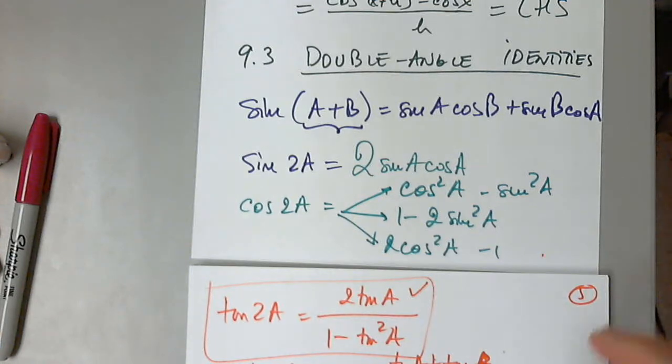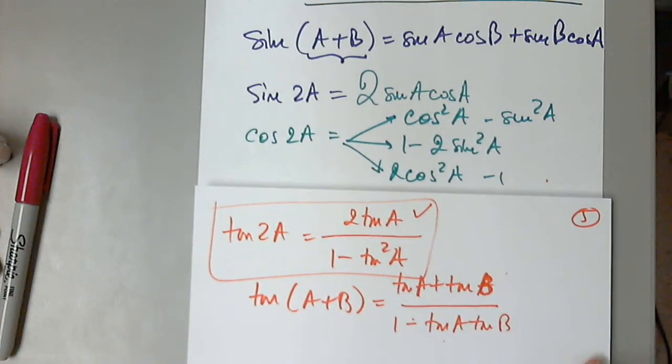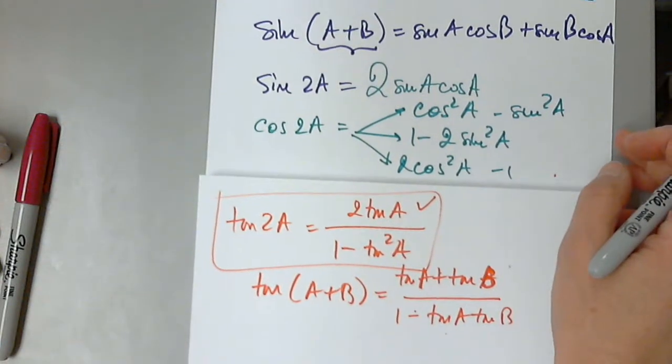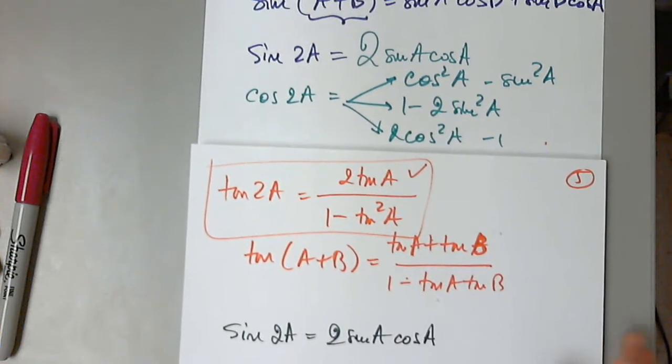Now, what is important here is to understand that we can write these identities in any situation. So let's go back to sine for a second. We said that sine twice A is 2 sine A cosine A. What if I want sine A? What will that equal to?